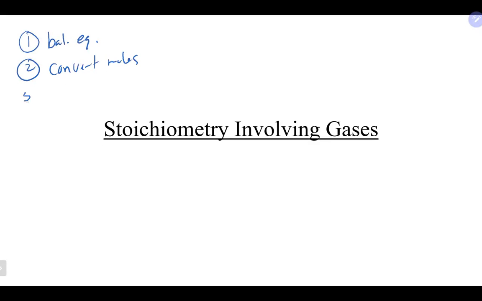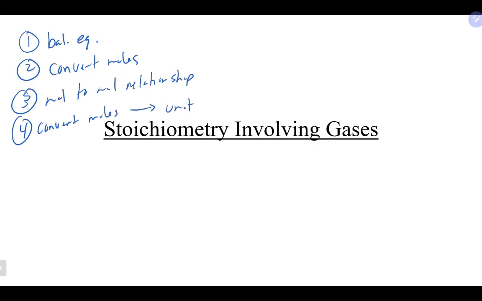We then want to do the mole to mole relationship. And then we want to convert moles into some other unit. Also remember that somewhere along the way, if it is a limiting reagent problem, we also want to determine the limiting reagent if needed.